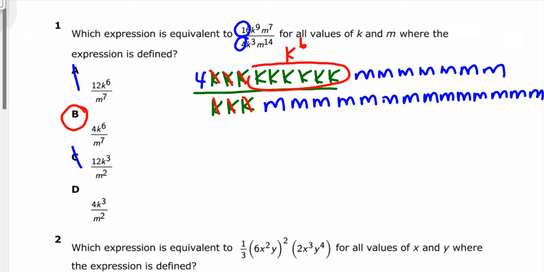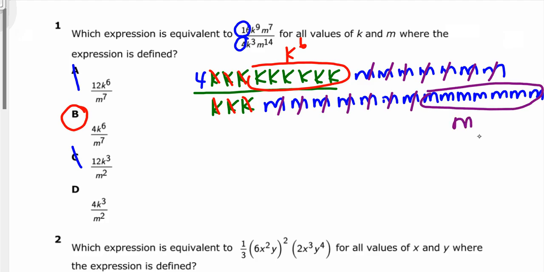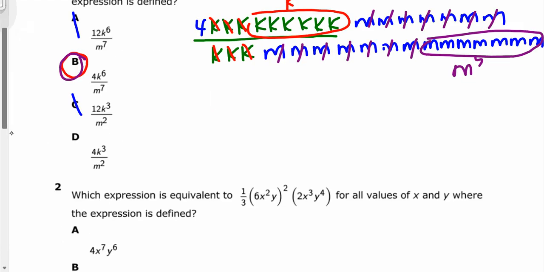Okay, so I know that these 7 are going to cancel these 7. So then I'd be left with m to the 7th down on my denominator. So my final answer, once again, is B.